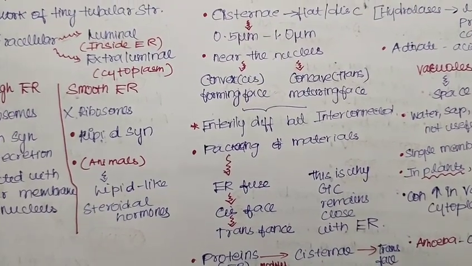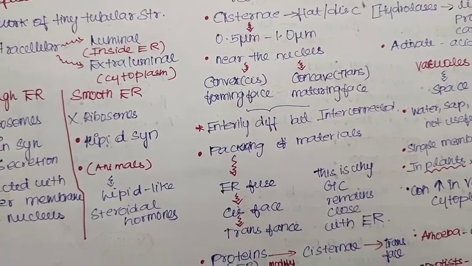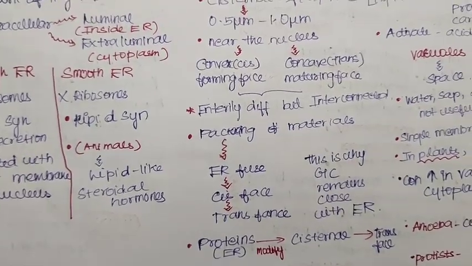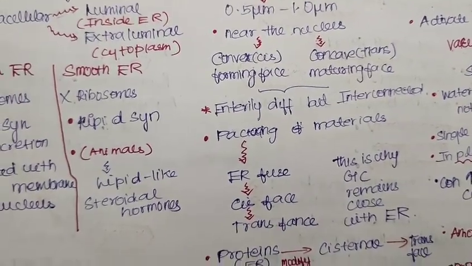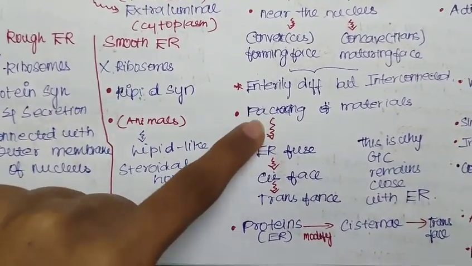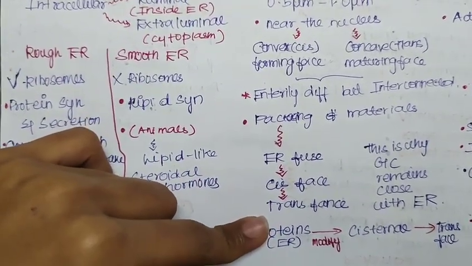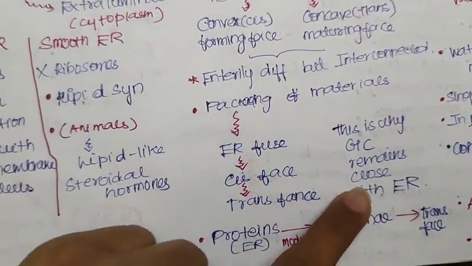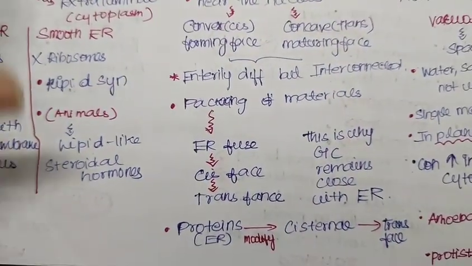The material to be packed in the form of vesicles from the endoplasmic reticulum will fuse with the cis face. You are getting the point. So the materials that need to be packed in the form of vesicles are released from the endoplasmic reticulum, fuse with the cis face of the Golgi apparatus and move to the trans face. This is the reason why the Golgi body and the ER are close in structure.